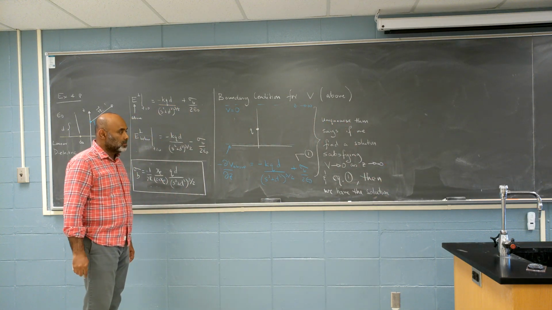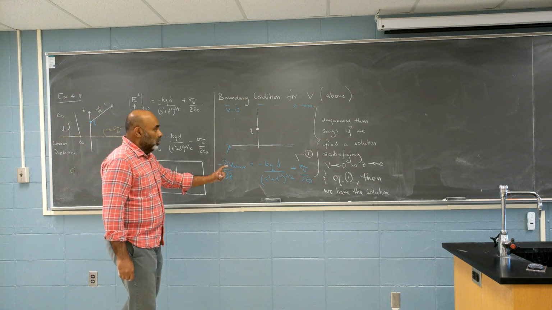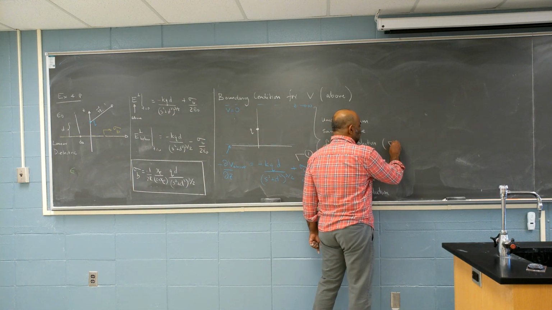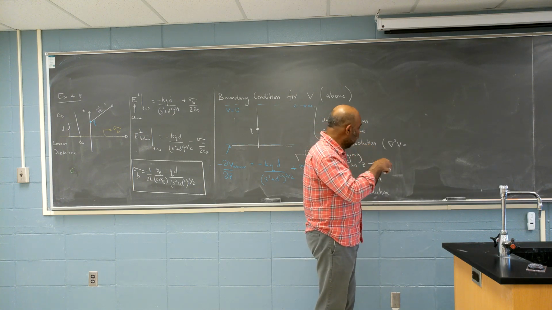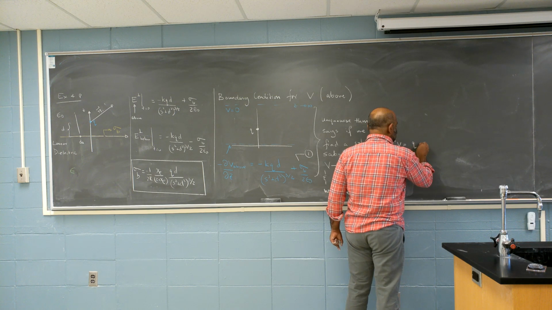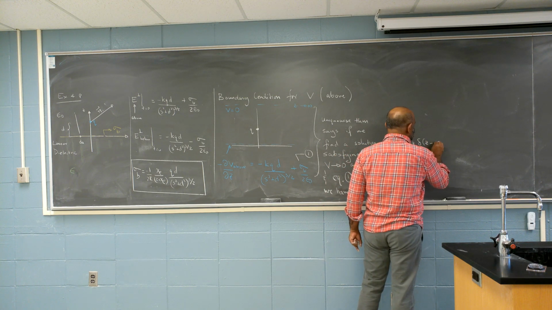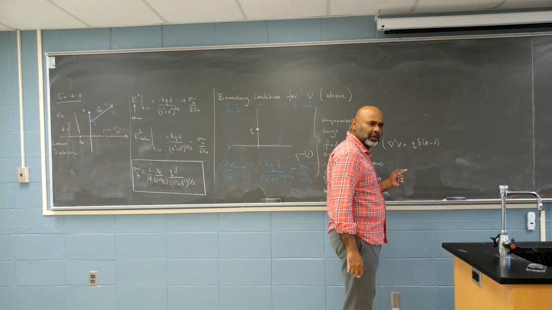Do we not still have to incorporate that Q exists in that space? Right, so solution satisfying what? Del squared V equals Q times delta of Z minus D over epsilon naught, I forget.